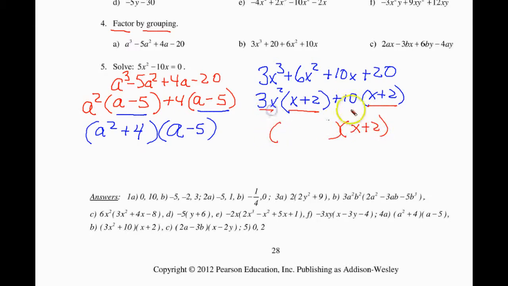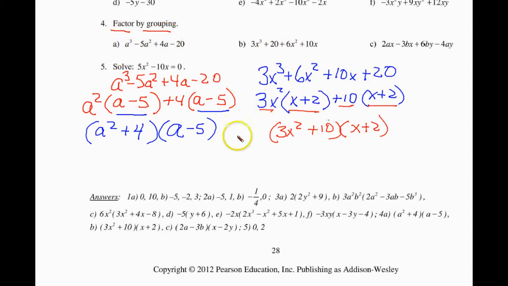And I'm going to bring this term and this term in here. Now keep in mind, this is your model of how to do things by factoring, by grouping. And let's check it out here.